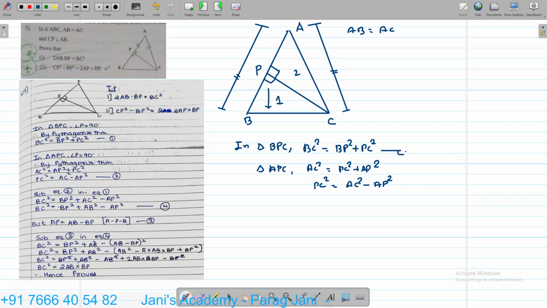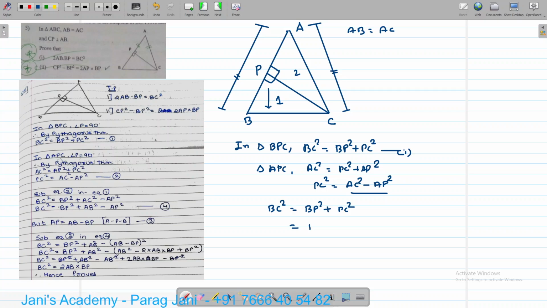So now I'll substitute in one, like my original equation was BC square is equal to BP square plus PC square. Okay, instead of PC square I write this value. So now BP square plus AC square minus AP square. Okay, now AC is equal to AB. So now you can write, instead of AC square, BP square plus AB square.